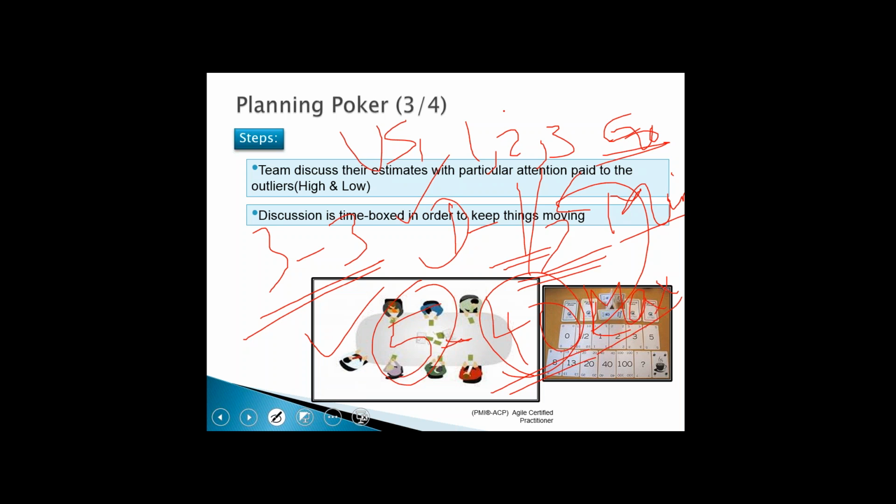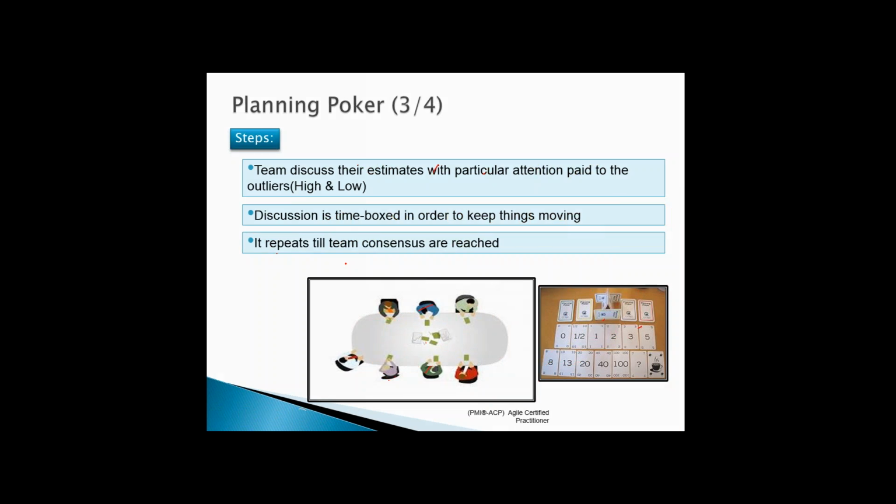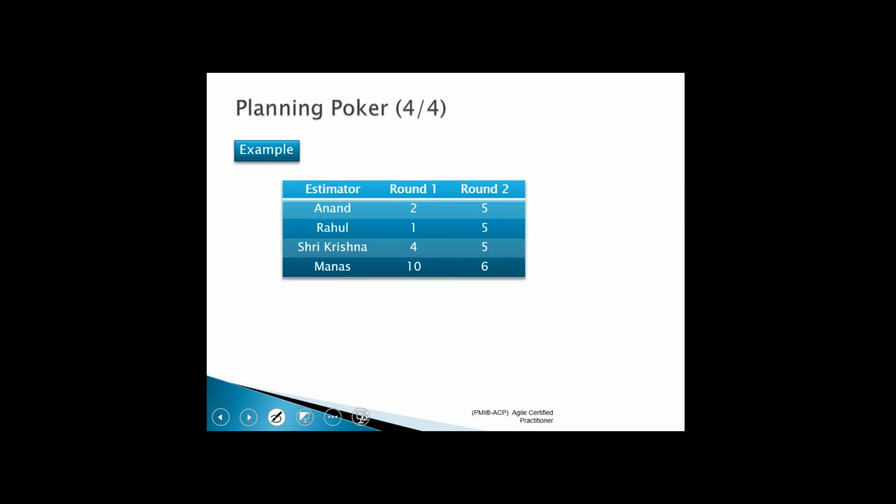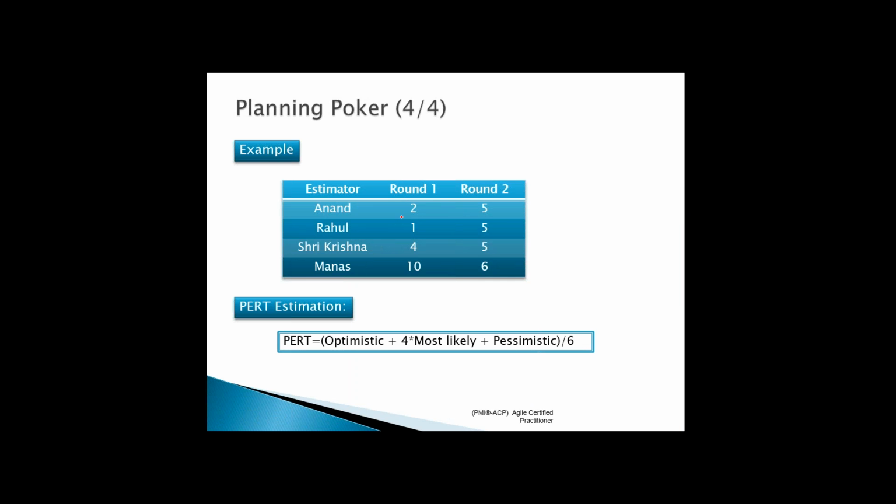You'll say once again 1, 2, 3, go. Everyone should show their cards at one go. Probably now everyone would say 3. Hence, you achieve the consensus. However, not everyone is going to give me the same number always. So this is how it goes.